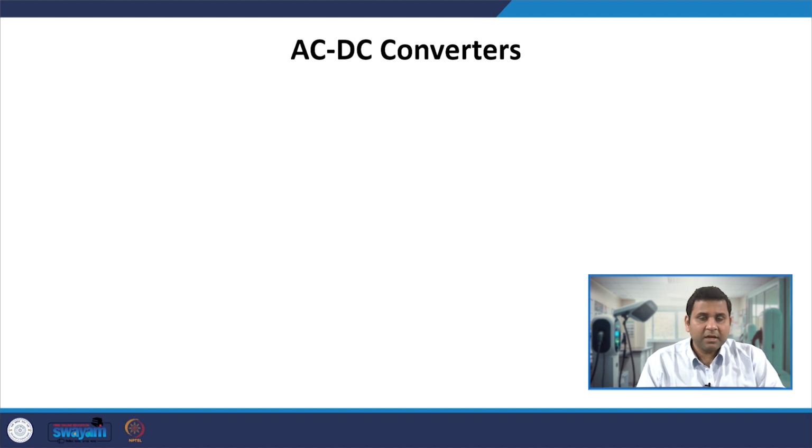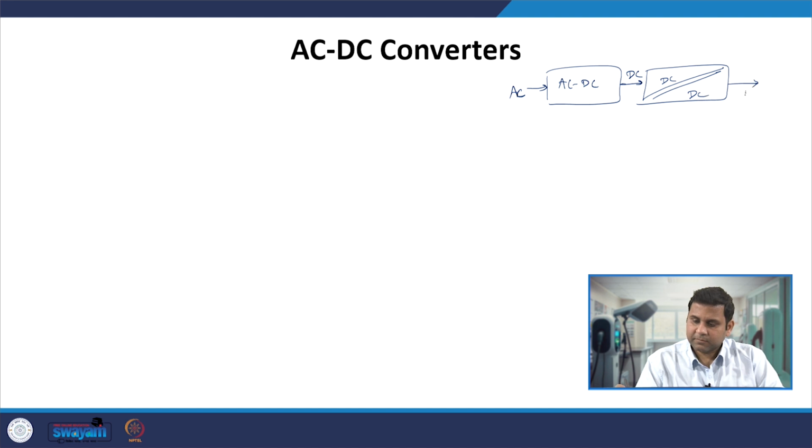As I mentioned, the power conversion unit consists of an AC-DC converter, input AC, output DC, followed by an isolated DC-DC converter, which gives a controlled DC at its output.